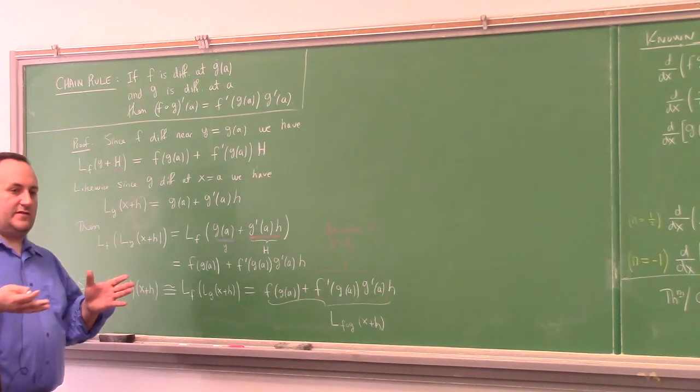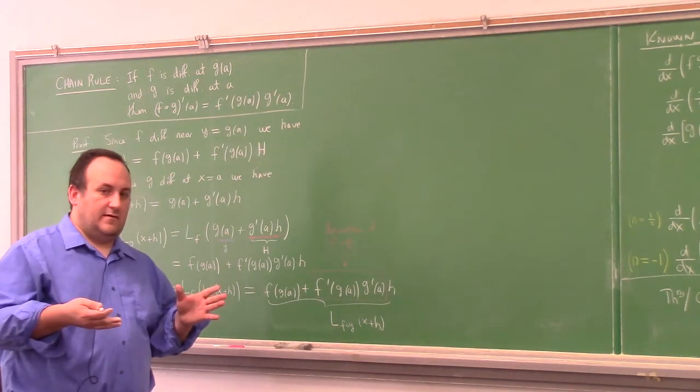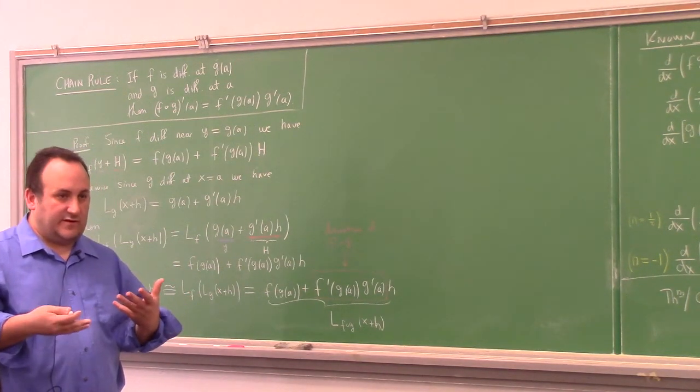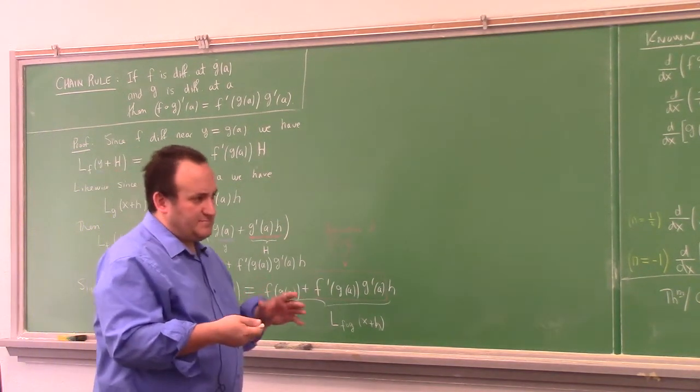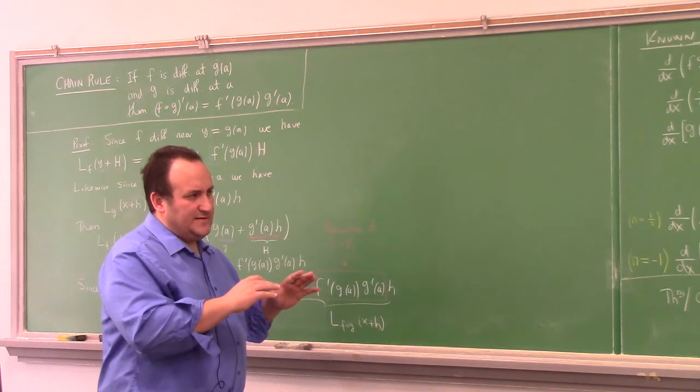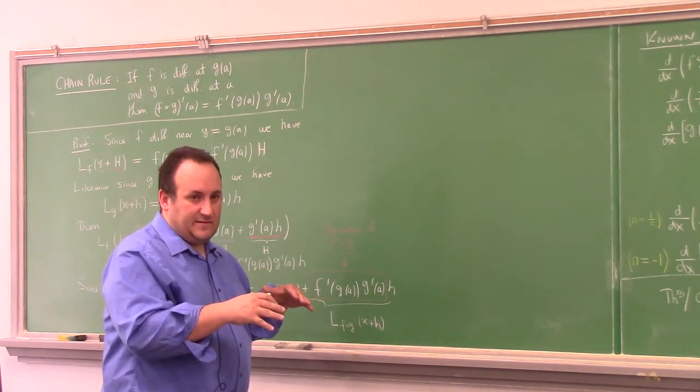But this is essentially the reason that the chain rule holds. The derivative for a function is the slope of the tangent line, right?